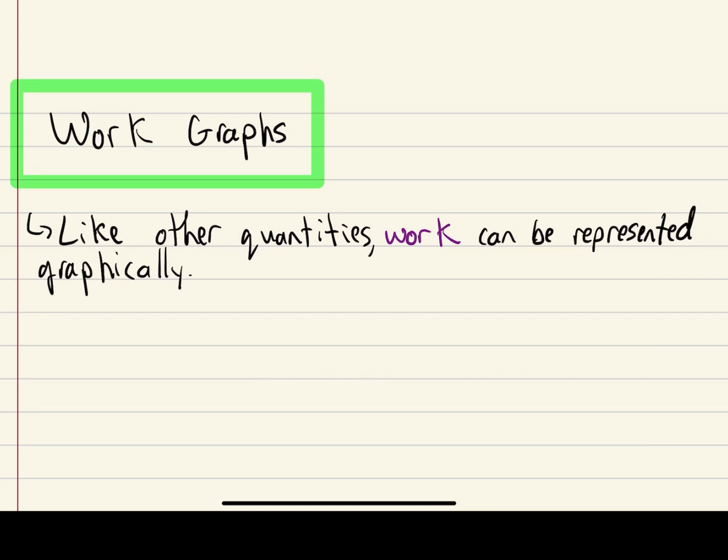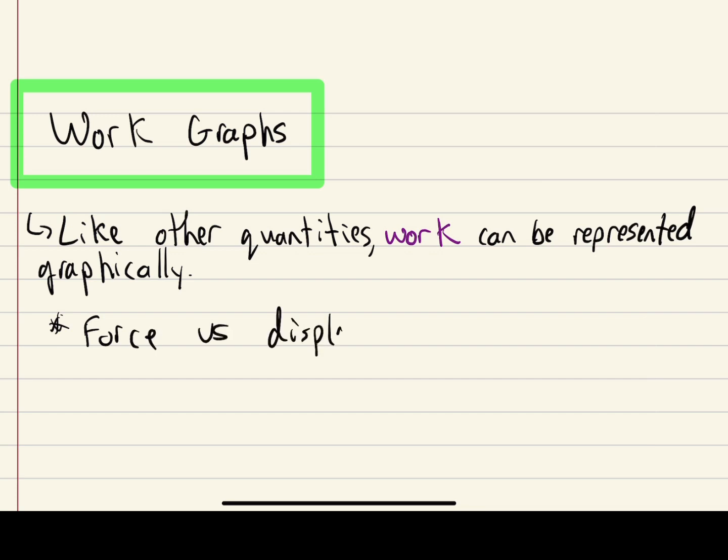Okay, so welcome back to representing work graphically, or how to read work graphs. Now, like other quantities, work can be represented graphically, and we usually do this by looking at force versus displacement graphs.